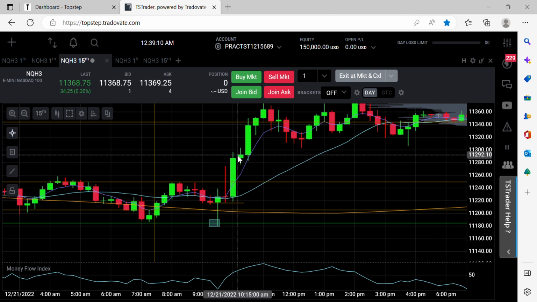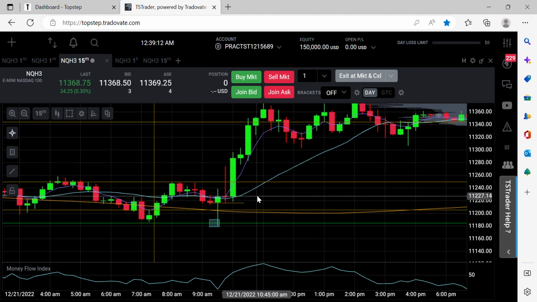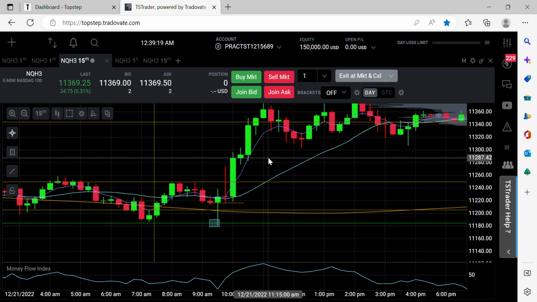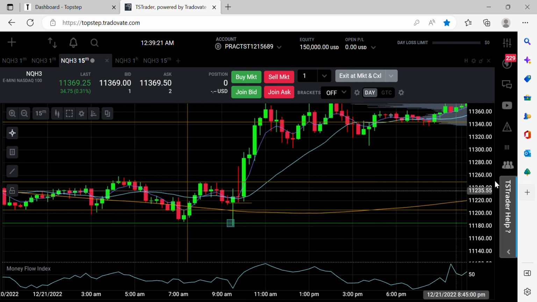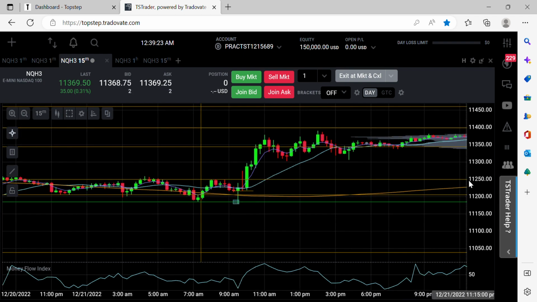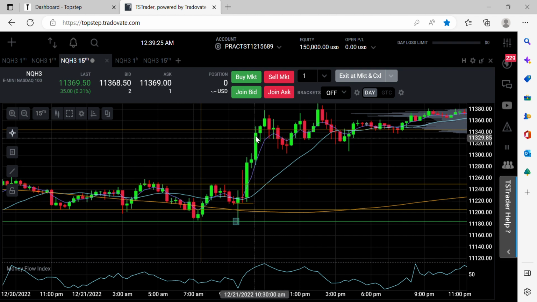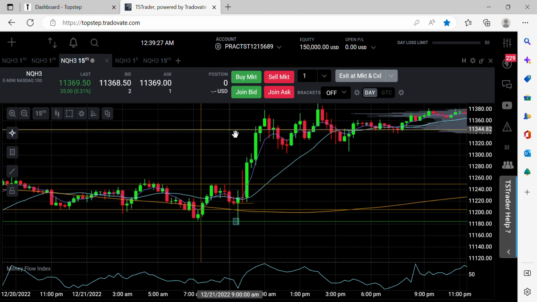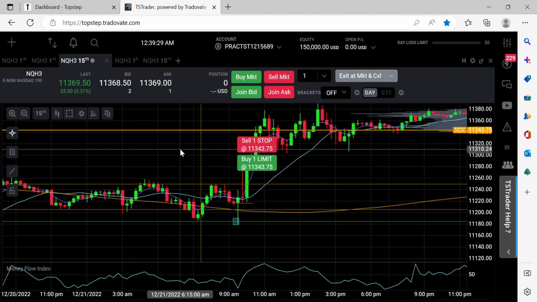We go all the way up, and that would be a 11,226 to 287. Absolutely crushing it, and you can ride that all the way up to this line here.